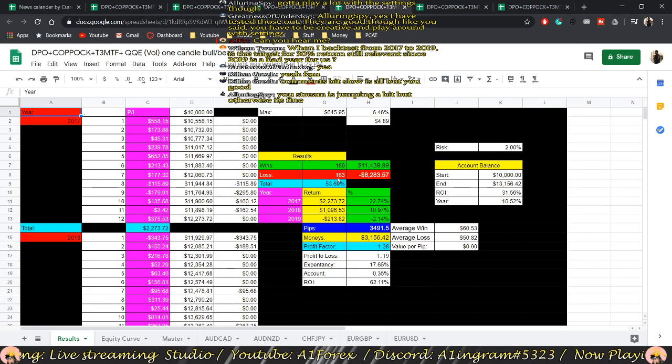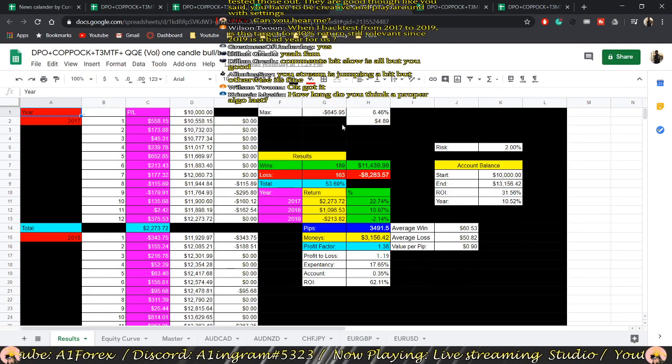From this spreadsheet, you can see I have a 31% ROI. I still have around 6% drawdown. From our initial it's a little bit more, but in my opinion, for my algorithm, I really like it because I have a whole lot more trades.